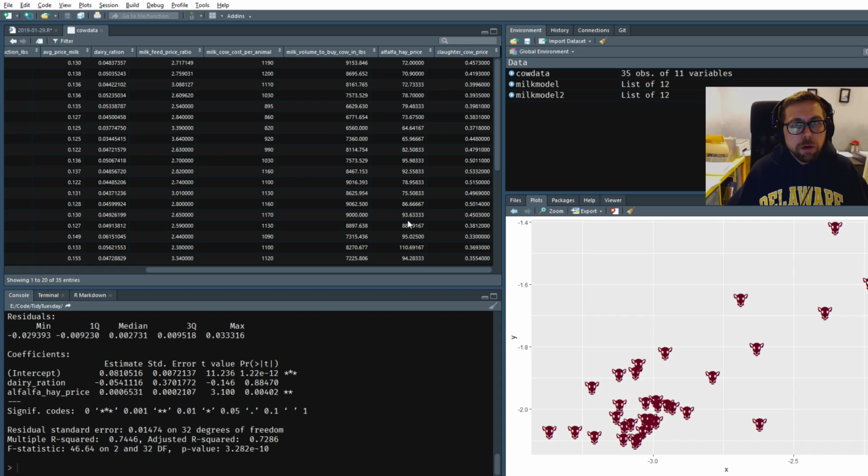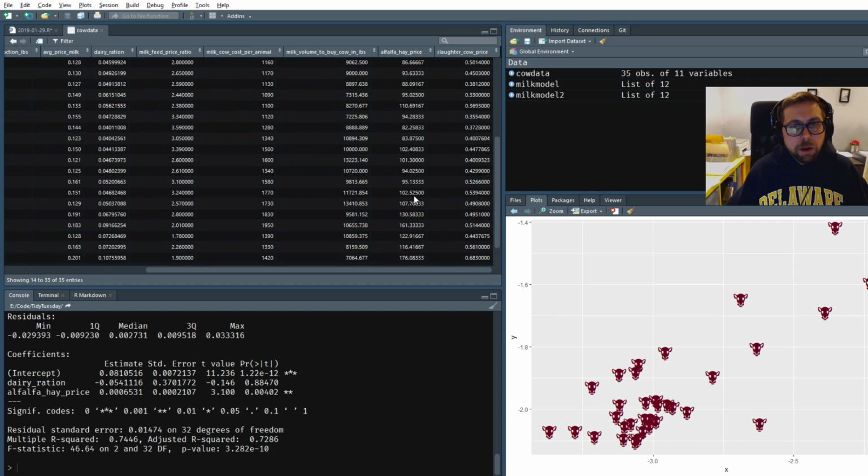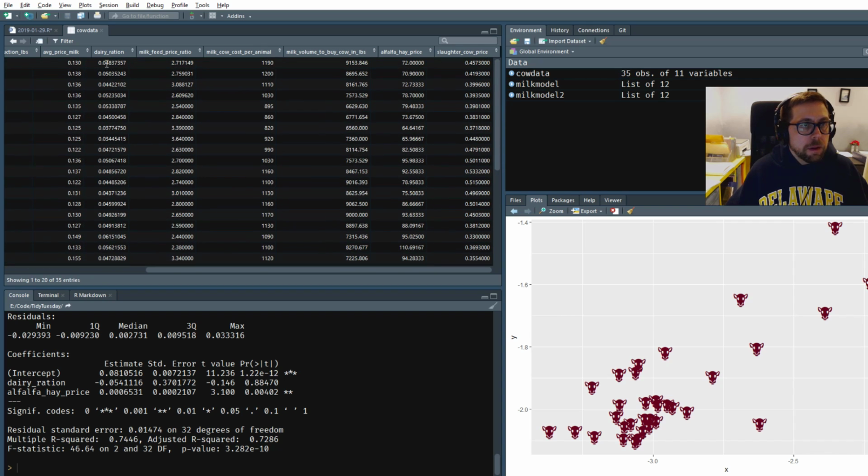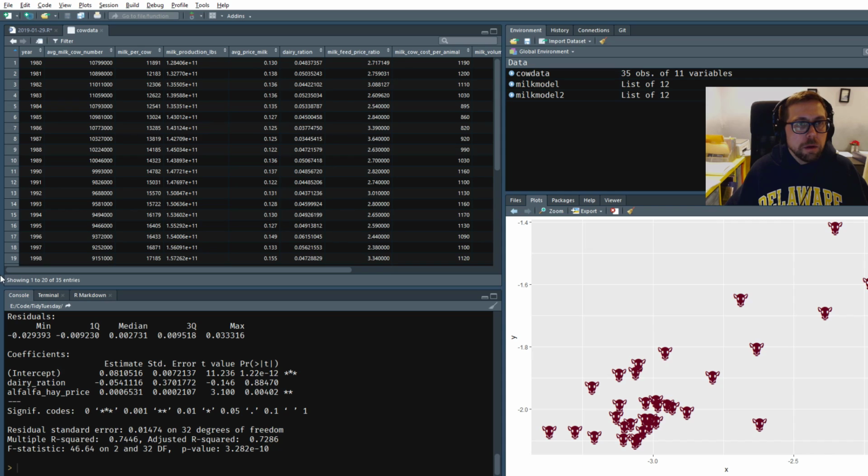I guess they're not really, because this is much higher. That's like cost per ton, and this is very cheap. The dairy ration is like 4 cents. So I don't know if that's the best way to combine those things. We'd probably want to normalize the data, but I'm going to skip that for right now.